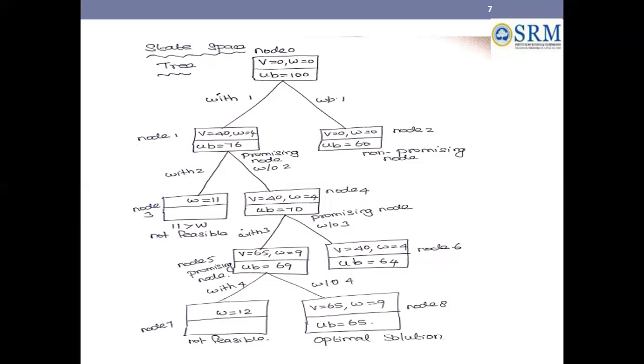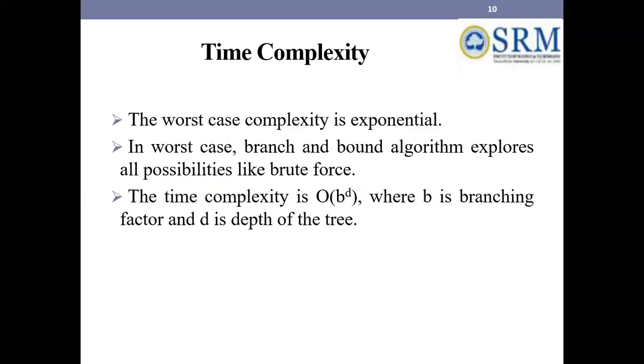Leaf nodes can be at any level. So see all leaf nodes and choose the node with the maximum upper bound value. That is promising, and it can be expanded to the next level till all items are added to the knapsack. So this is called the optimal solution for the zero-one knapsack problem.